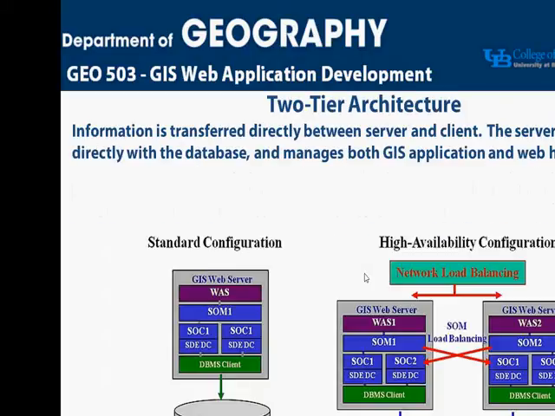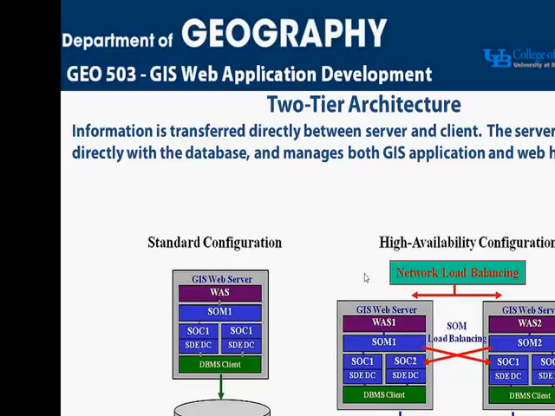So to build on that a little, we have another term you'll hear: two-tier architecture. In two-tier architecture, the server interfaces directly with a database. You have a web server that is exposed to the general public and has web pages on it. But there's also a database, which has the GIS, the geo databases in it.